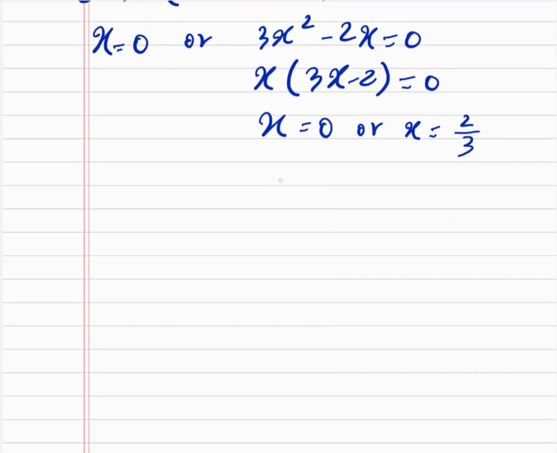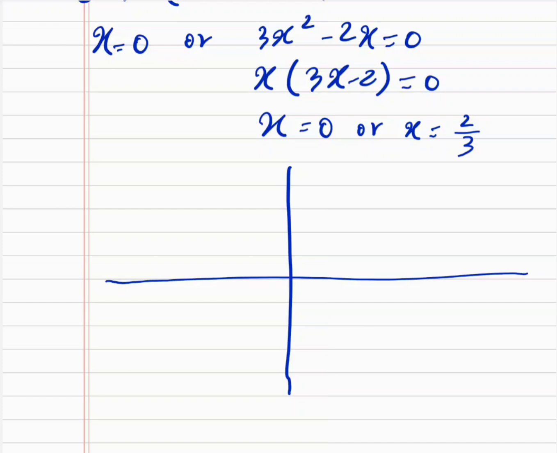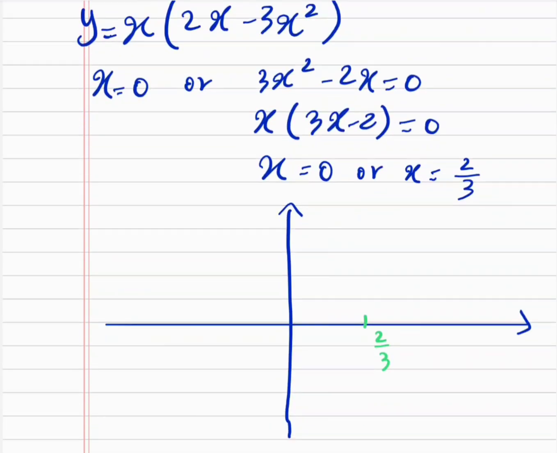So in terms of its graph, we have, let's say here is 2 over 3. Sorry, it's a negative cubic.